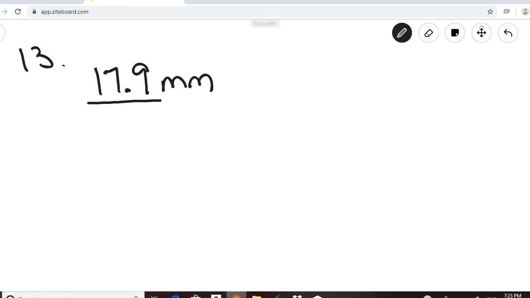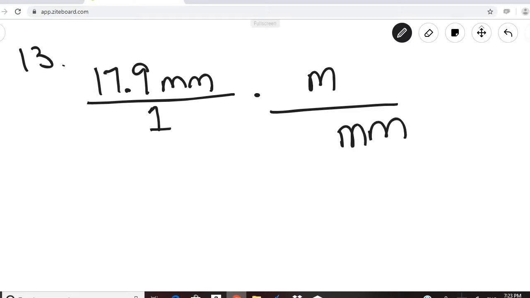We put the number that we want to convert over 1, and then we multiply so that the unit that we want to end up with goes on the bottom, and the other unit goes on top.